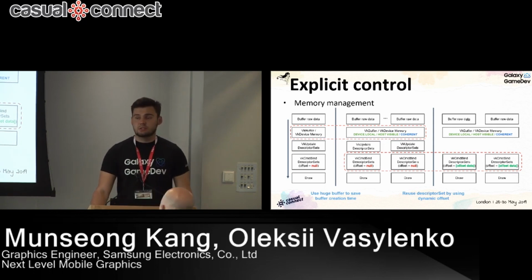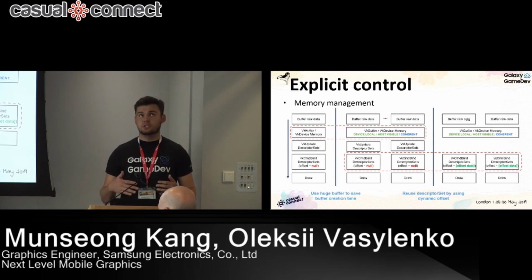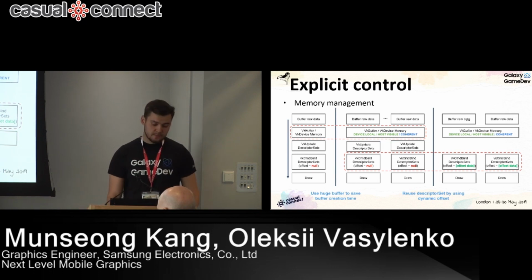In this case, you also skip updating descriptor sets frequently, so you allocate one single descriptor set for the whole VK buffer, update it once, and later you may just bind the descriptor sets using dynamic offsets for the proper resources.